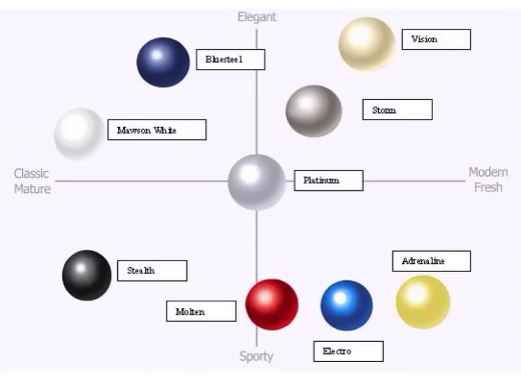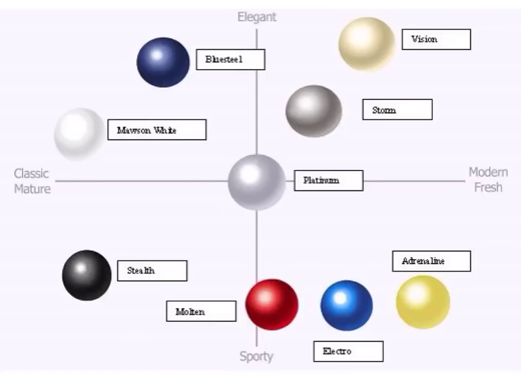Before we get to that, let's step away from the world of fast food for a minute and talk about colors. Here's a map that depicts perceptions of colors for an automobile manufacturer. Take a quick look at that, and you can see here we've got two dimensions. Vertically, it's elegant at the top to sporty at the bottom, and horizontally, it's classic and mature on the far left, and modern and fresh on the far right.